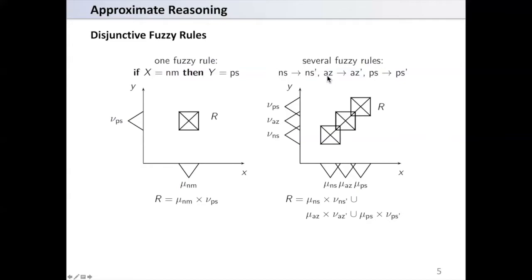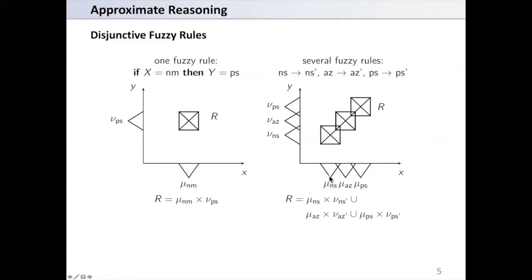And for example, if x is approximately 0, then y is approximately 0 prime. And if x is positive small, then y is positive small prime. So these are the fuzzy membership functions for negative small, approximately 0, and positive small.